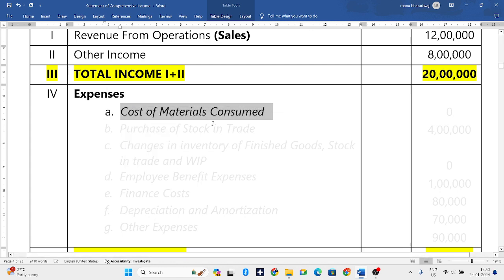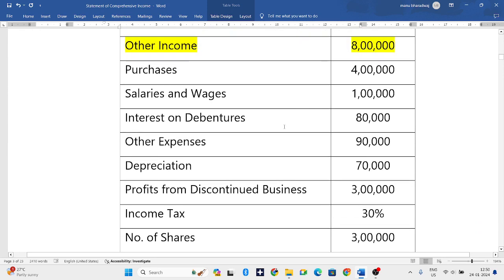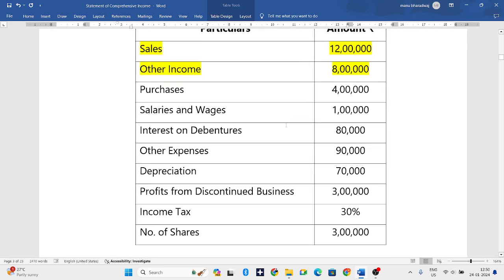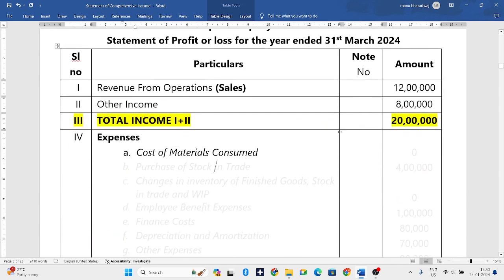In the question they would have given cost of materials consumed only. Let us check the question. No, in the question they have not mentioned it, so it is 0. If nothing is given, then you have to specify it as 0.